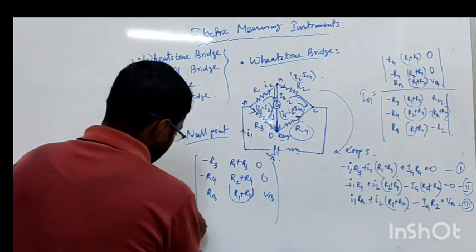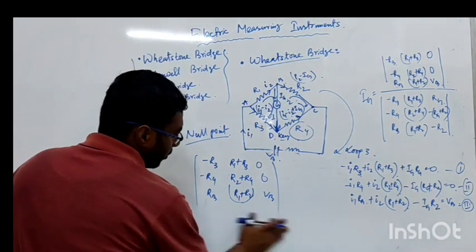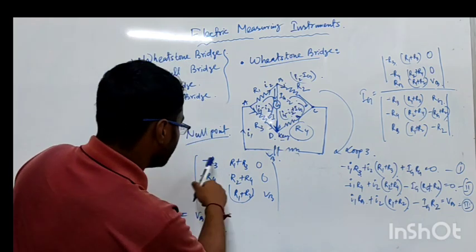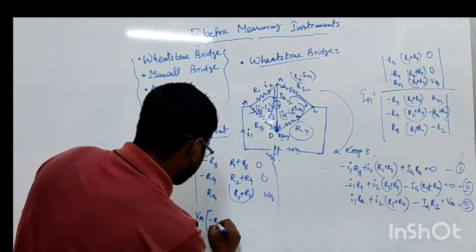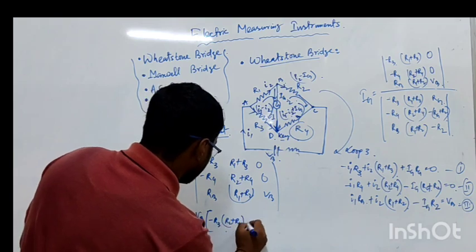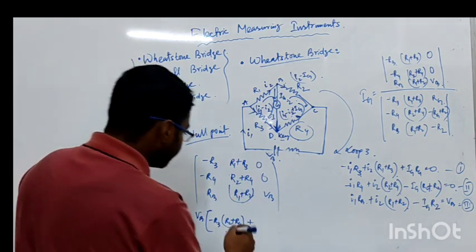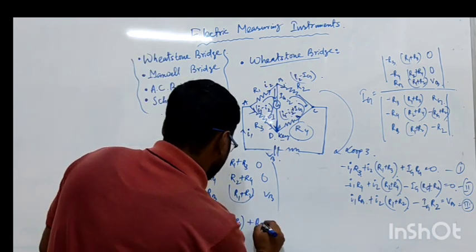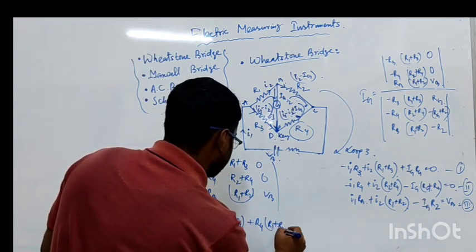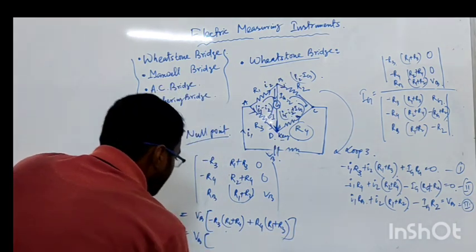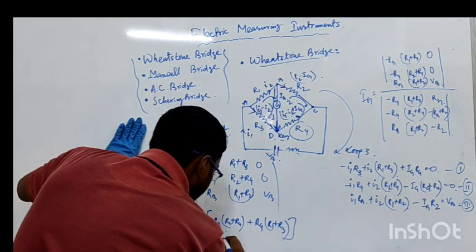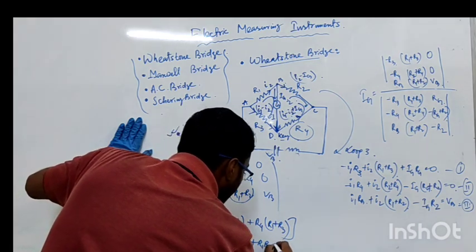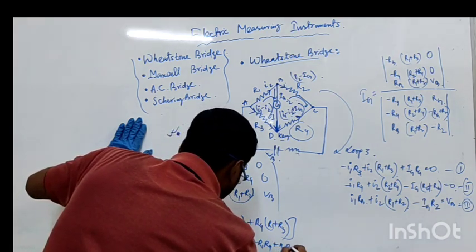So if we calculate this upper term, what will be the value of the determinant? The determinant will be VB into minus R3 R2 plus R4 plus R4 into R1 plus R3, VB into minus R3 R2 minus R3 R4 plus R1 R4 plus R3 R4.